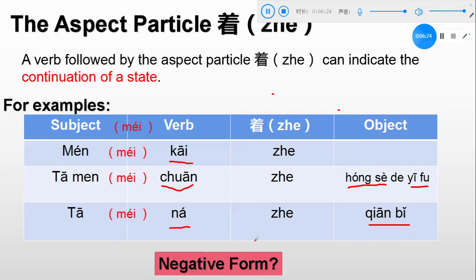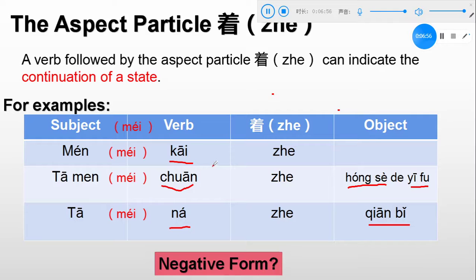Alright, now let's try the negative form. 第一个，门没开着, the door is not open. 第二个，他们没穿着红色的衣服, they don't wear the red cloth. 第三个，他没拿着铅笔, he doesn't hold pencil. 好，these are the positive and the negative forms.